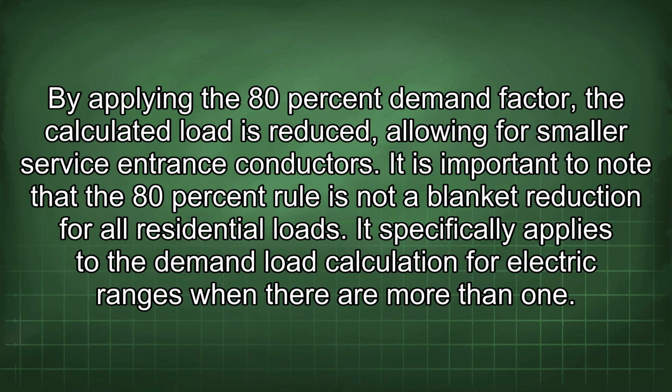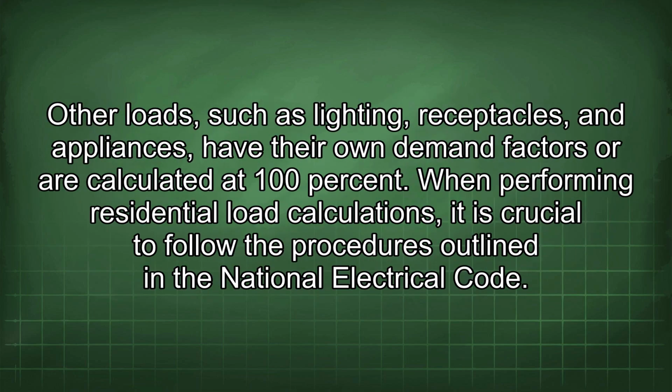It is important to note that the 80% rule is not a blanket reduction for all residential loads. It specifically applies to the demand load calculation for electric ranges when there are more than one. Other loads, such as lighting, receptacles, and appliances, have their own demand factors or are calculated at 100%.